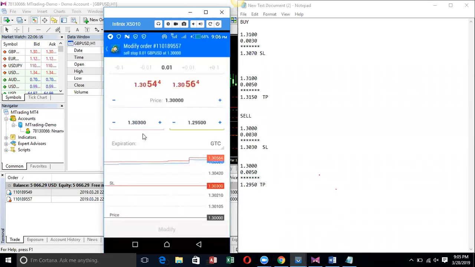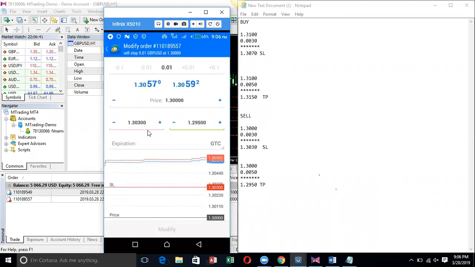If it is the at price that we want to modify, we are free. If it is the take profit we want to modify, we can do that. Are we following? So this is it.